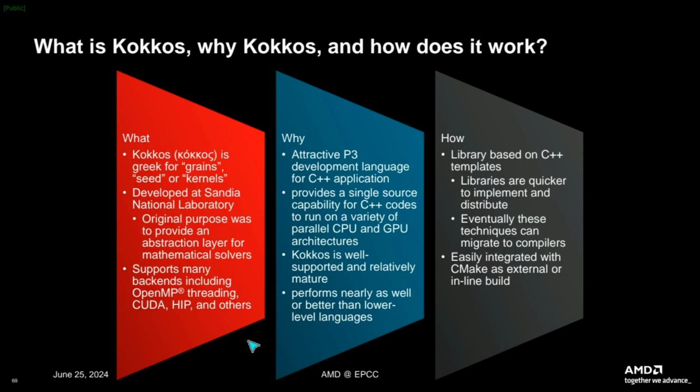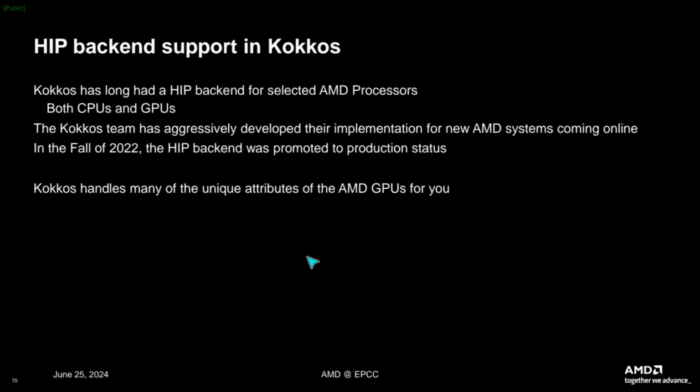So they basically offload to the device for you, so much in the way the pragma-based languages do a lot of the work for you. It looks like standard C++. Support has been in the Kokkos software for quite a time now, and it's now at production status.